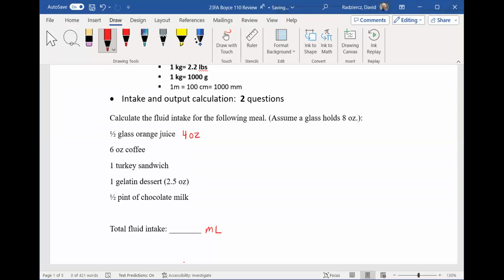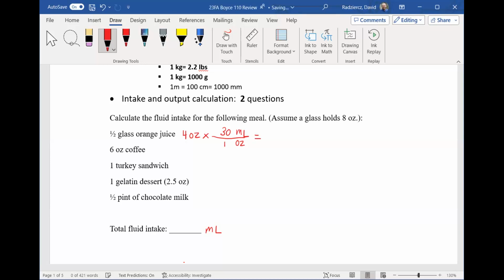Now I'm going to write this out using dimensional analysis, but then I'm also going to shorthand this in a second. One of the things you need to know is how many milliliters are in an ounce. In 1 ounce, there's actually 30 milliliters. You can verify that by looking at your kitchen, where you probably have something that measures milliliters and ounces, and you can confirm that 4 ounces, which is half a cup, will give you about 120 milliliters.